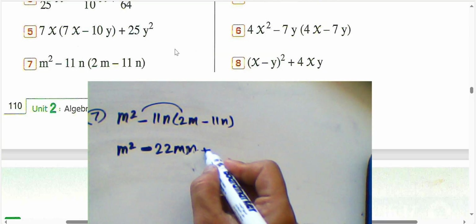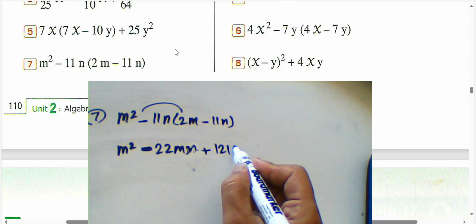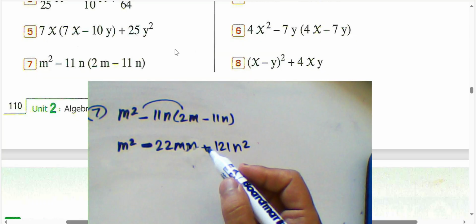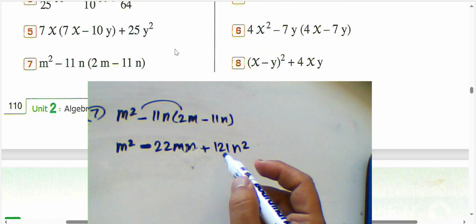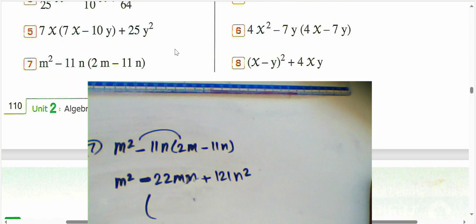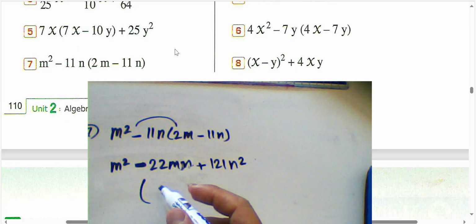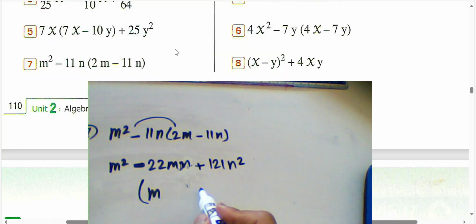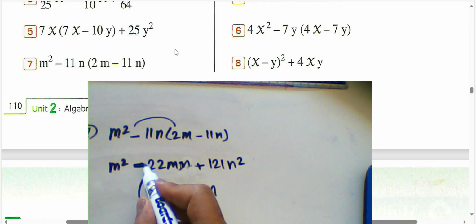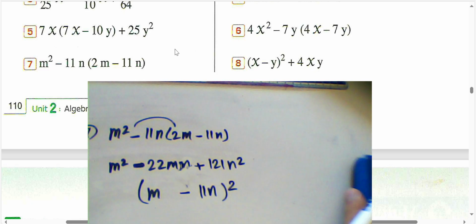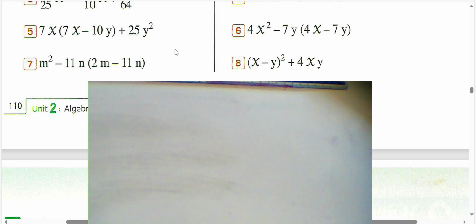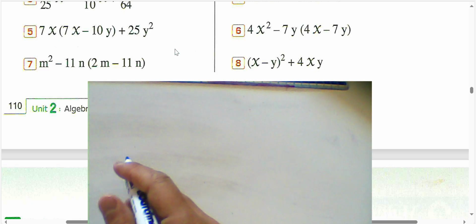Negative times negative positive. 11 times 11, 121, n times n, n power 2. And then we can find this number in the simplest form. Now we have perfect square. Square root of the first and the third and the sign of the middle, and then power 2 up. Question number 8.